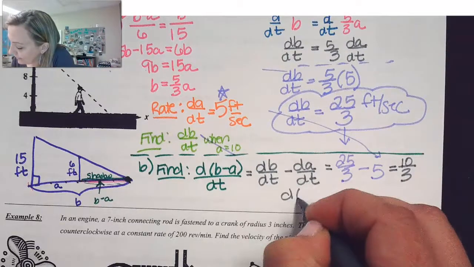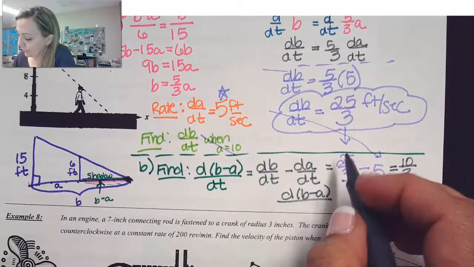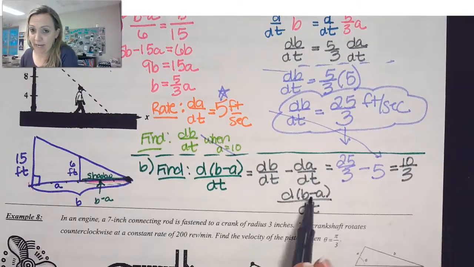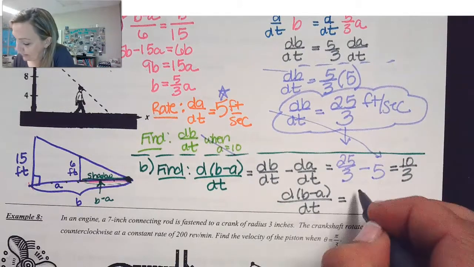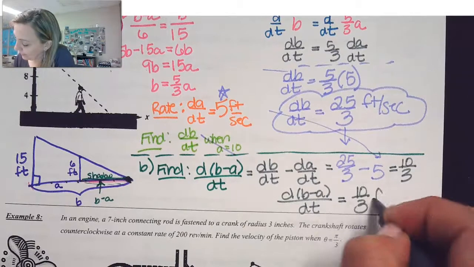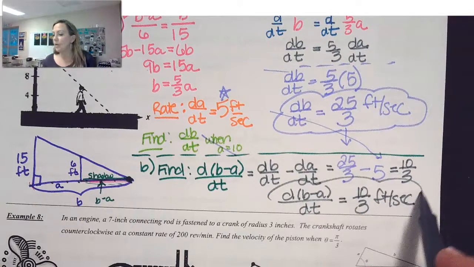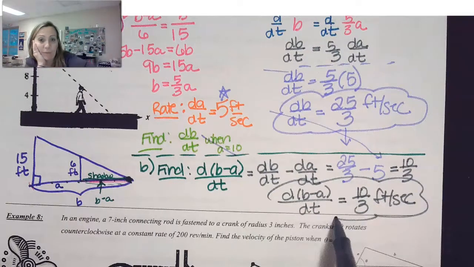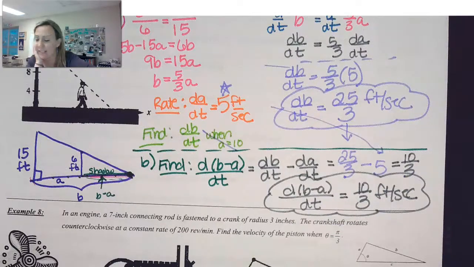So that means that the derivative of B minus A with respect to t, and again, this is the rate of the change of the length of the shadow, is going to be 10/3 feet per second. I know I didn't leave much room for B. We really didn't need it, because we were able to use our previous information.